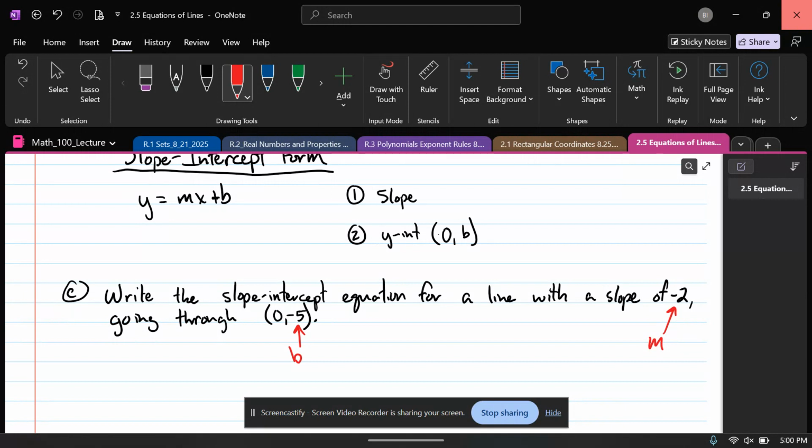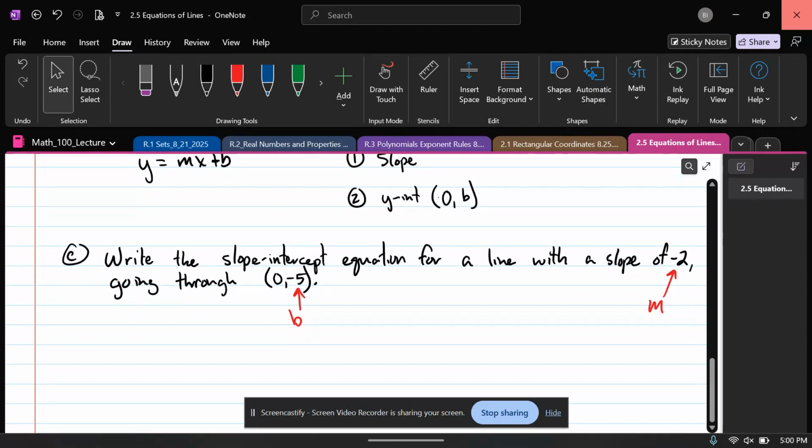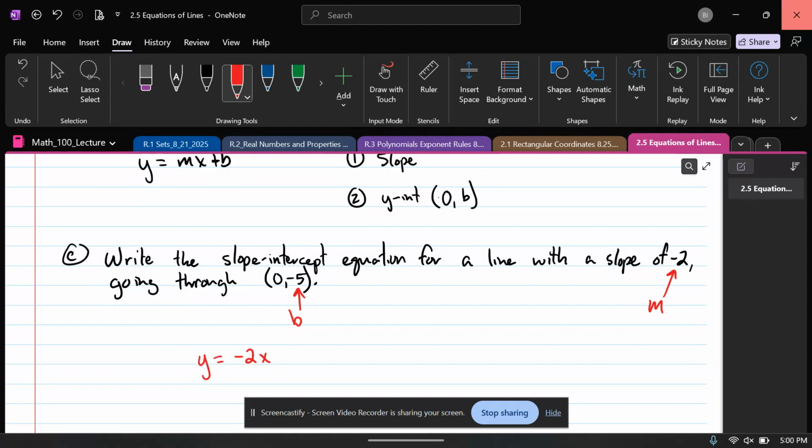Okay? So we can go straight to our equation in slope-intercept form. I know the slope is -2, so I put that in front of x. I know my y-intercept is -5. I could write plus -5, but I'm gonna save myself a little bit of writing and write just -5. That's how you would expect to see that.